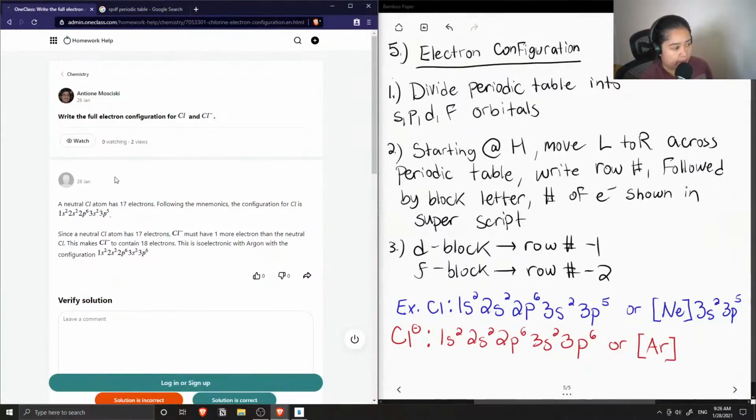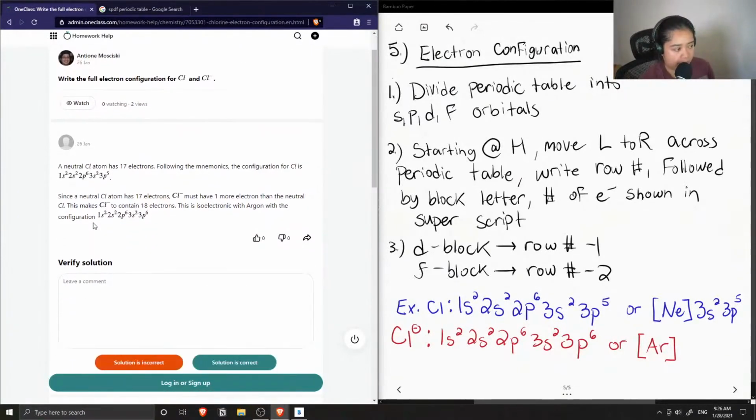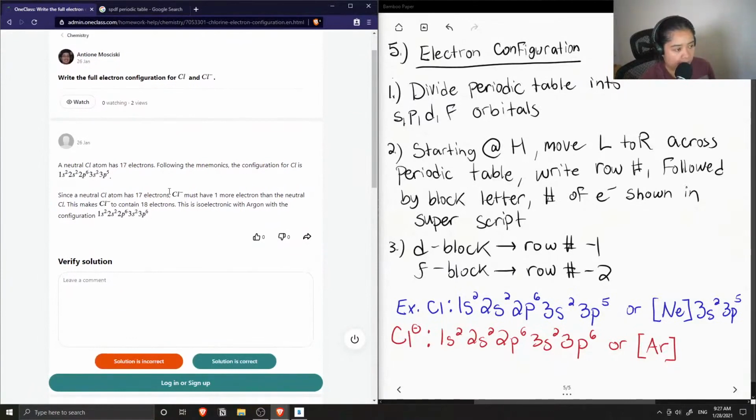The junior tutor said that a neutral chlorine atom has 17 electrons, and following the mnemonics, the configuration for chlorine is 1s2, 2s2, 2p6, 3s2, 3p5. So Cl- must have one more electron than the neutral chlorine, so this makes it have 18.